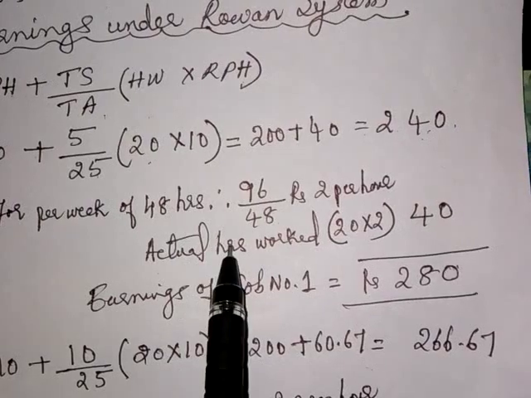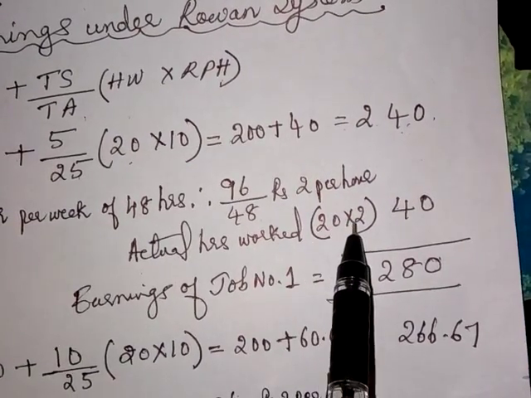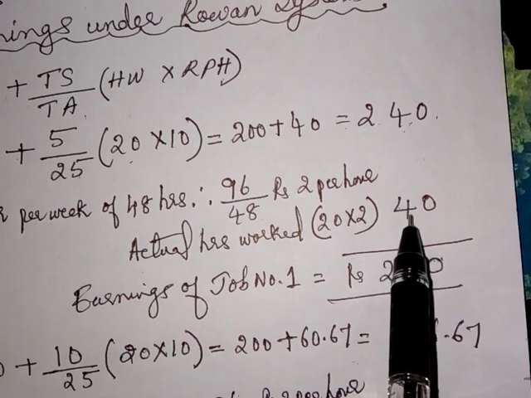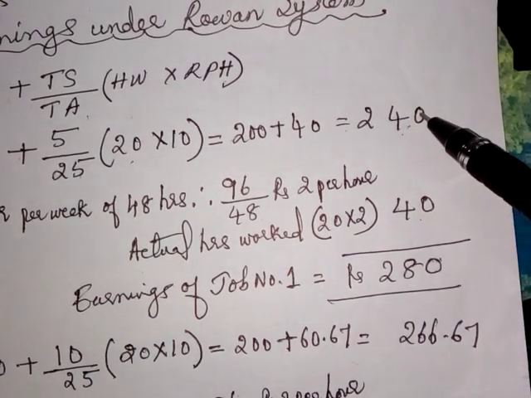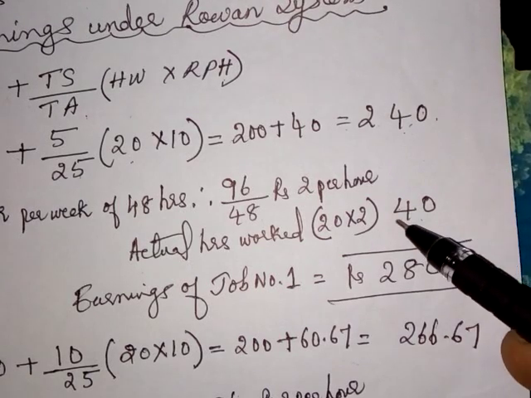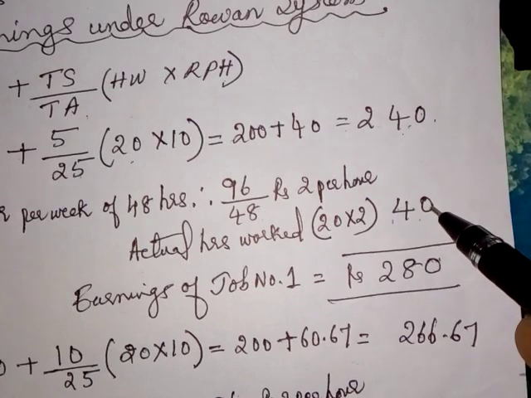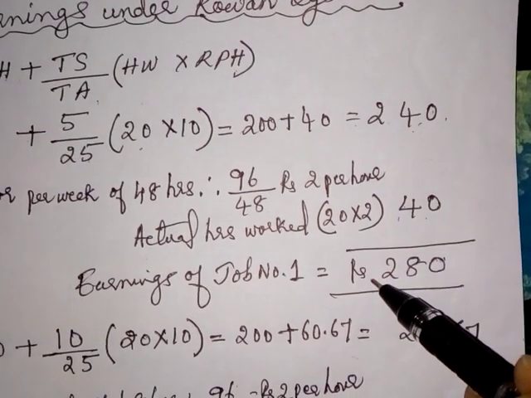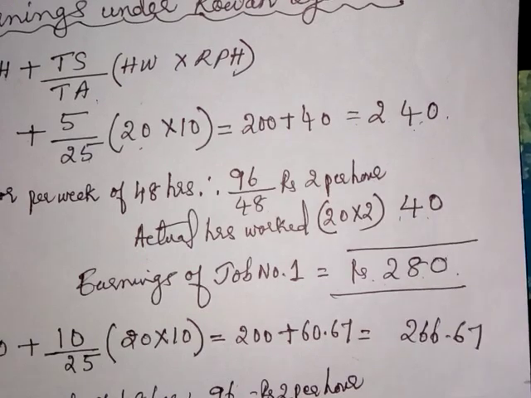The actual hours worked is 20 into 2, so the total DA comes to 40 rupees. The earnings of job number 1 is 240 and the DA is 40 rupees, and the total earnings including DA of job number 1 is 280 rupees.